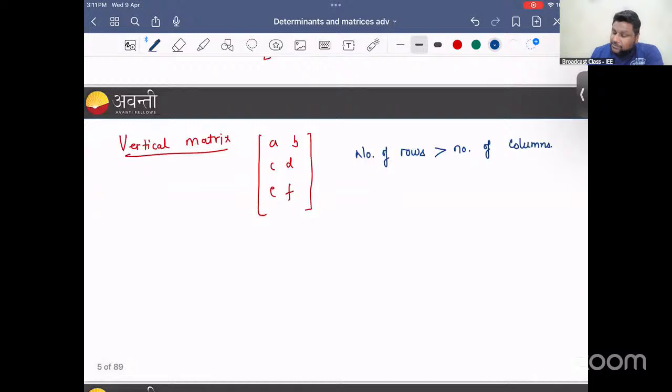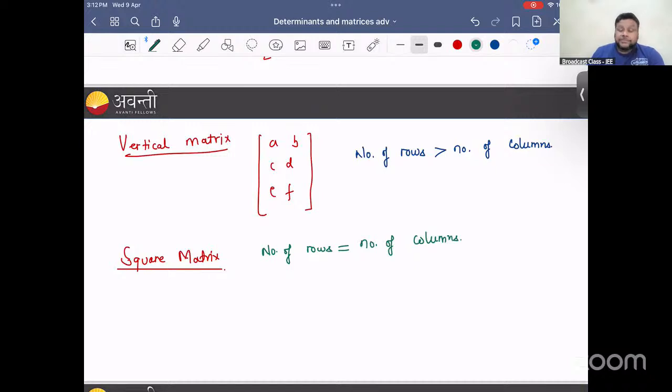Then there comes the most important part, the square matrix. As the name suggests, the number of rows is equal to the number of columns. For example, say there is a matrix A11, A12, A21, A22. So this is what?